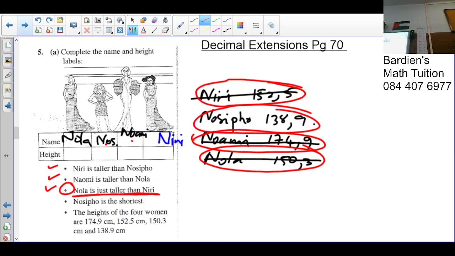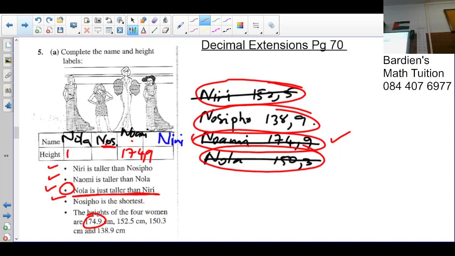Nosipi is the shortest. I think we had to start here, but there wasn't a dispute there. There was never a dispute. The height of the forewoman is that thing. So of course the tallest height is Naomi, which is 174,9, which makes that correct. The second tallest is 152,5.